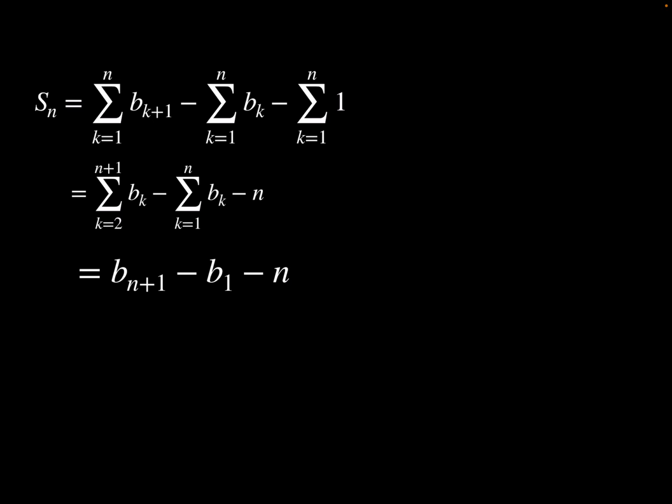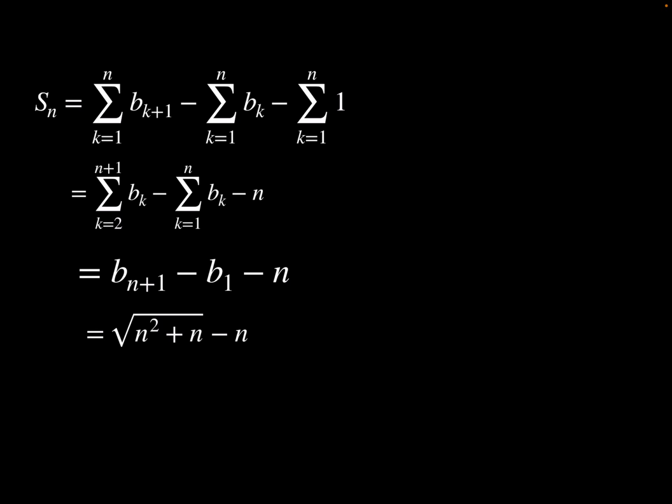Now, remember that b sub n is square root of n squared minus n. Therefore, b sub 1 is 0. And we saw that b sub n plus 1 was square root of n squared plus n. So s sub n is just the square root of n squared plus n minus n.